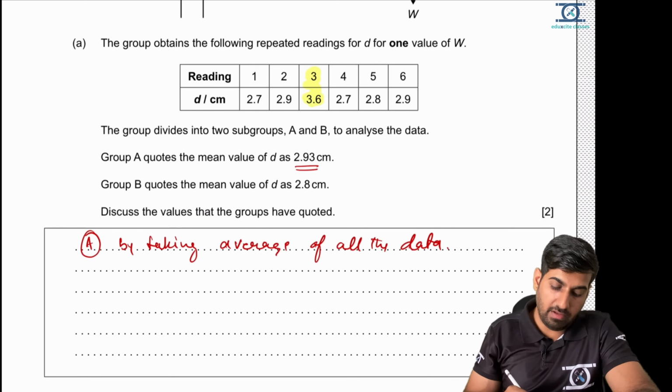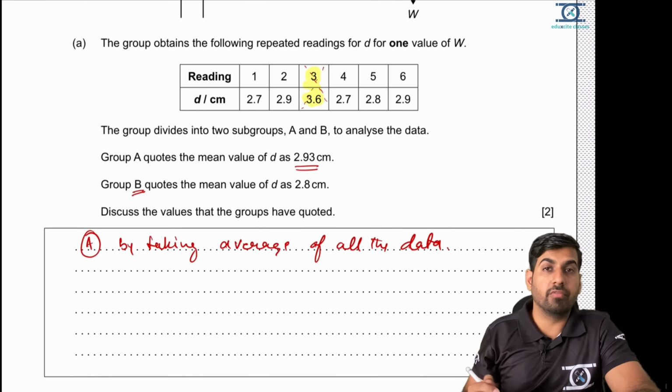So group B has not taken reading number 3 into consideration.